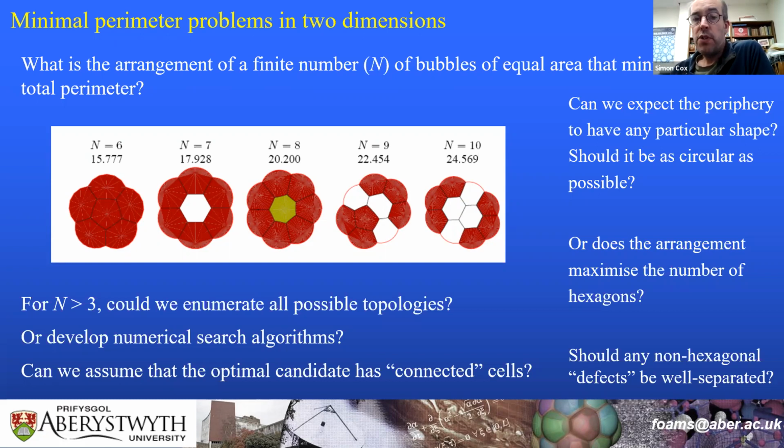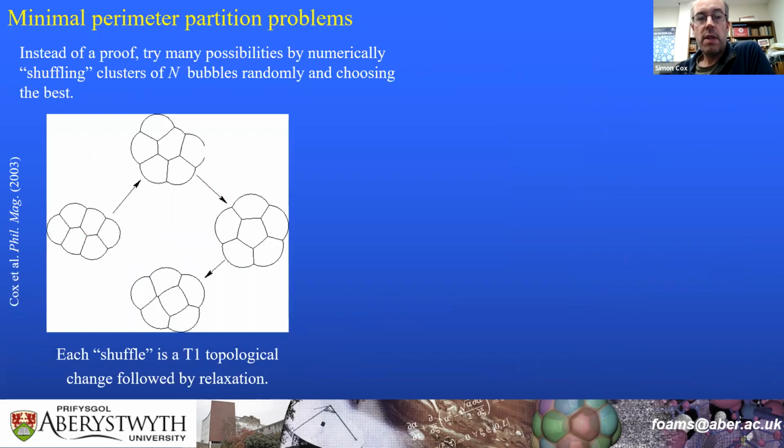Or is it more important just to minimize the number of defects, to have as many hexagons in the bulk as possible and as many pentagons on the periphery? And once you accept that you're allowed some defects, where should you put them? Should you put them in the middle? Should you put them as close to the boundary as you can? Let me try and answer some of those questions.